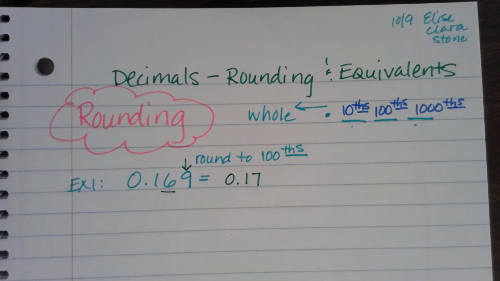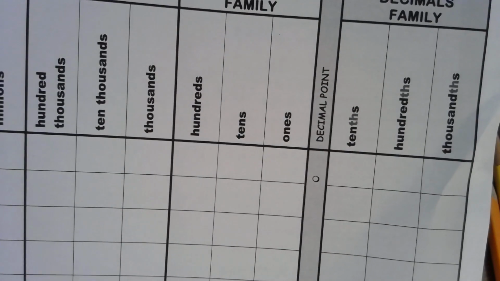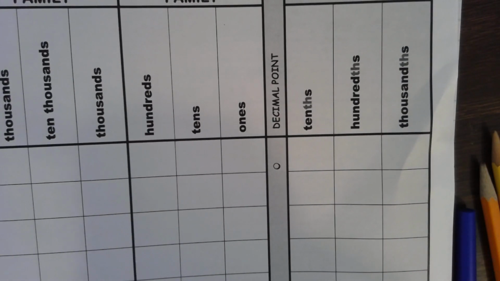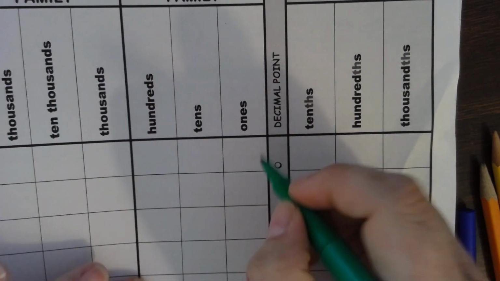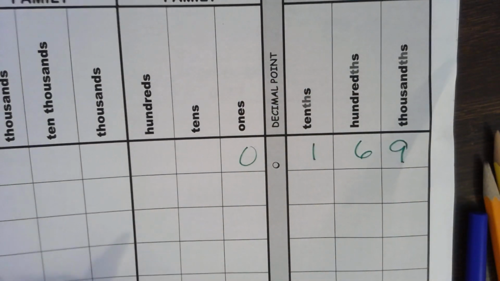Now, we talked about, and let me pull this out real quick. You guys will get, I don't think you've needed it yet, but you might, one of these charts. So I'm just going to go ahead and use this. It'll be covered in plastic, and you can use dry erase. So that number was 0.169.